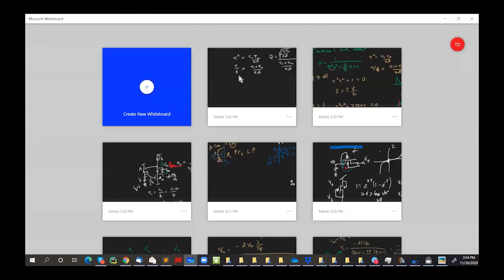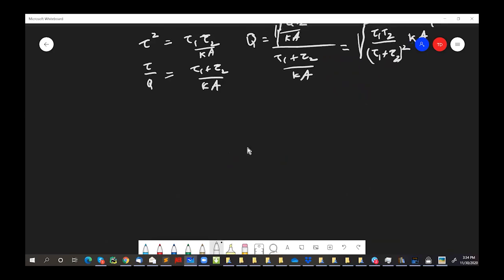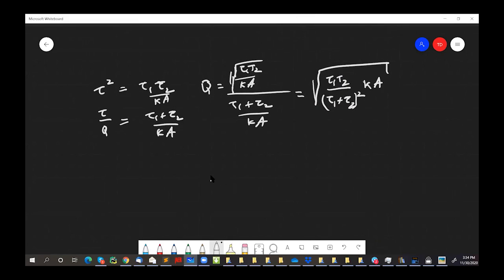So let's do that. The way you do that is you want to ask the question now, we want this to be a half, right? This is probably a bit abstract for you guys, but anyway, so let's say 1/2 equals this thing here. So that means 1/4 equals tau 1, tau 2 over tau 1 plus tau 2 times kappa A.